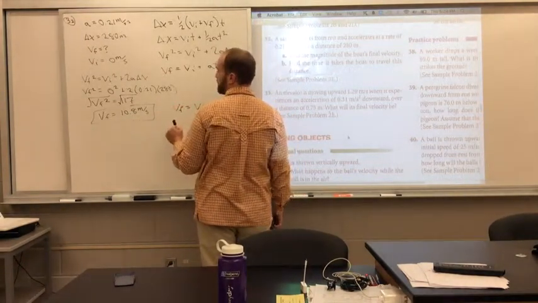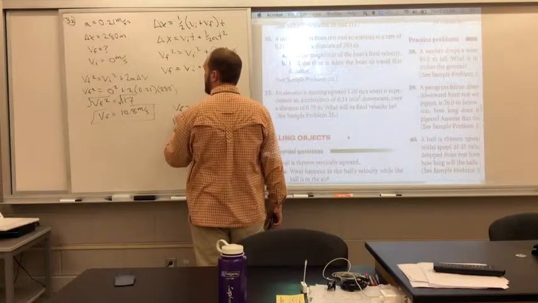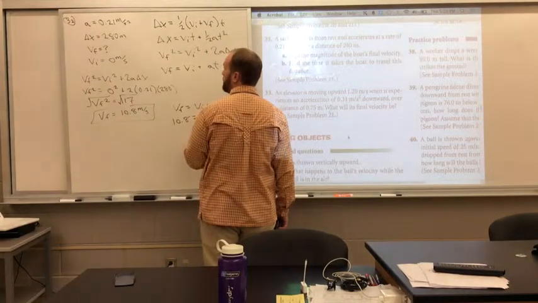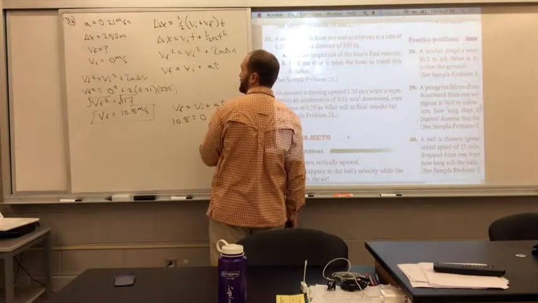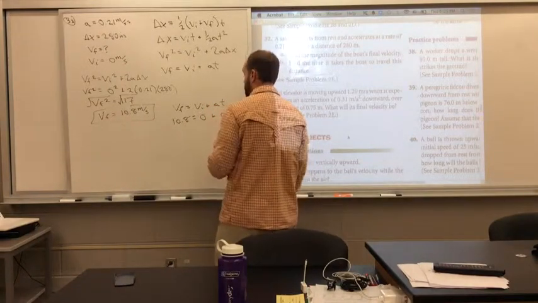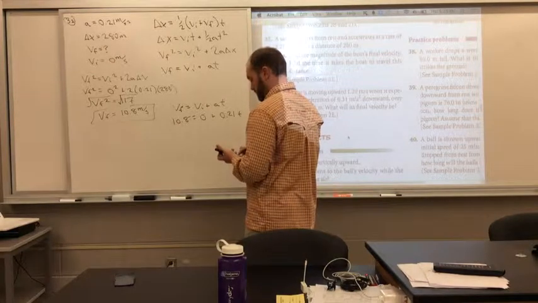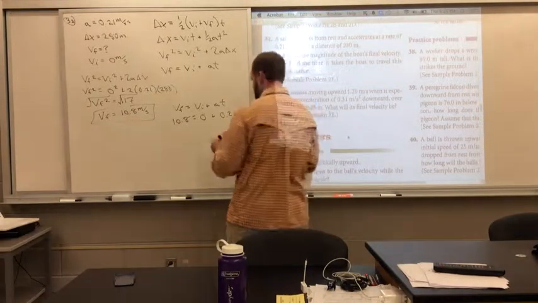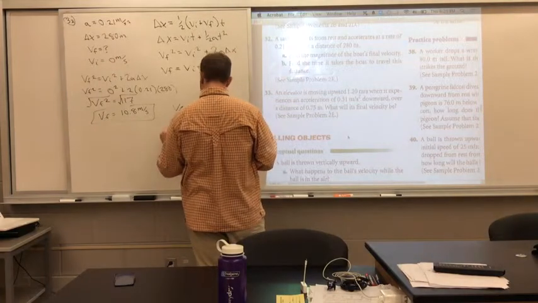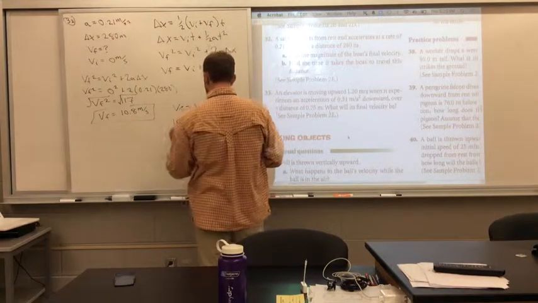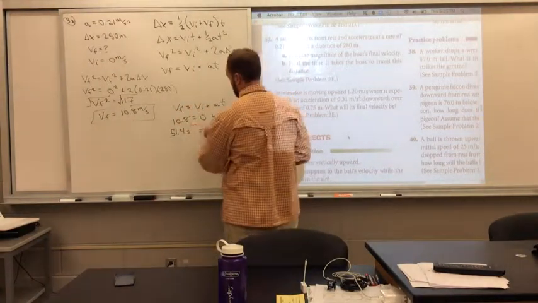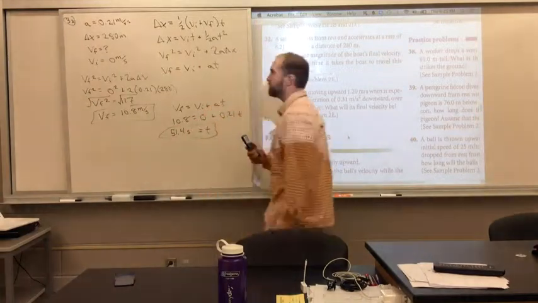Oof, handwriting is just getting worse and worse. 10.8 equals 0 plus 0.21 times t. 10.8 divided by 0.21 gives me 51.4 seconds. Takes a while.